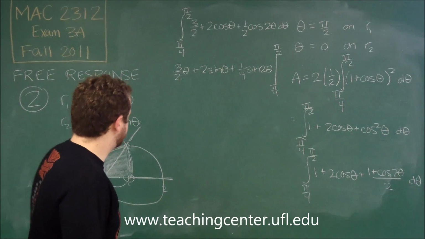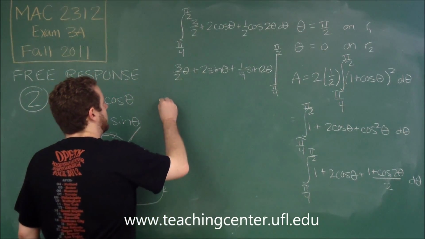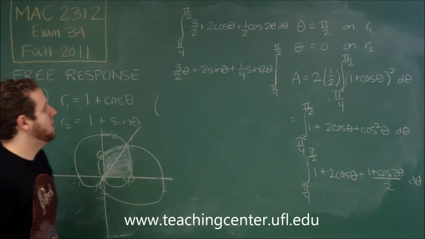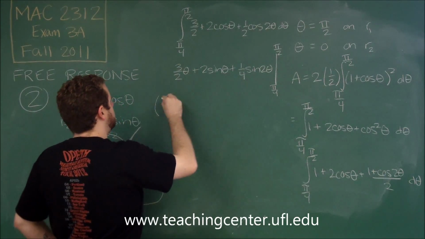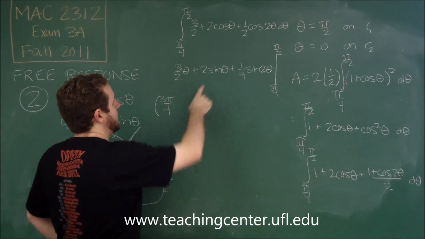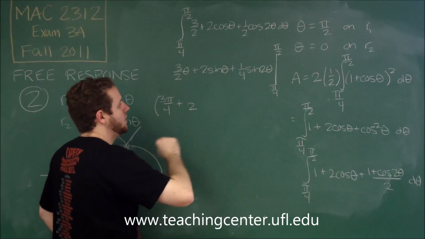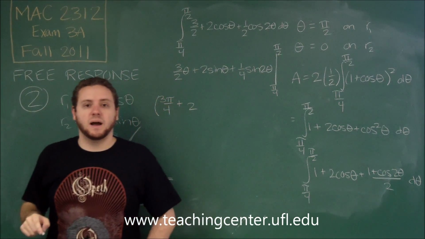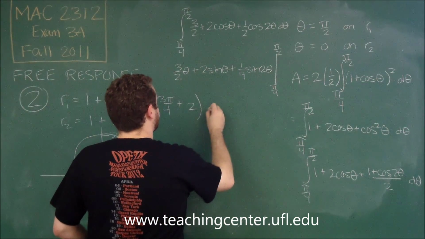Now, this one is going to involve a lot of weird numbers, but it will be able to be simplified a little bit. So when we plug in pi over 2, 3 over 2 times pi over 2 would give you 3 pi over 4. Sine of pi over 2 is 1, so this is just plus 2. And when we do sine of 2 theta, 2 times pi over 2 is pi, and sine of pi is 0, so that term disappears.